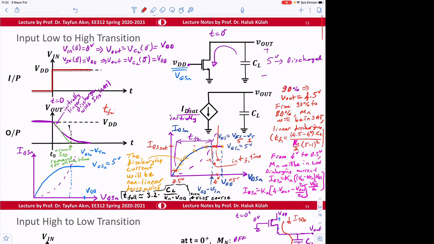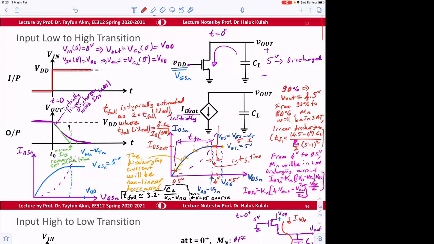T fall is typically estimated as 2 times T fall ideal, where T fall ideal is equal to delta V times CL divided by I ds of n sat current.